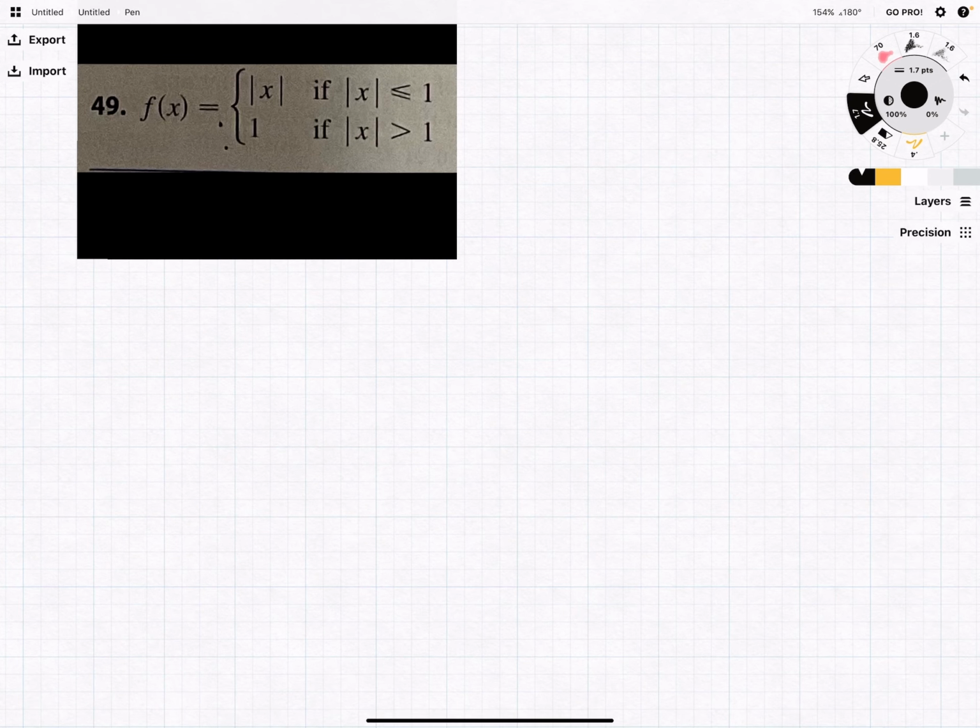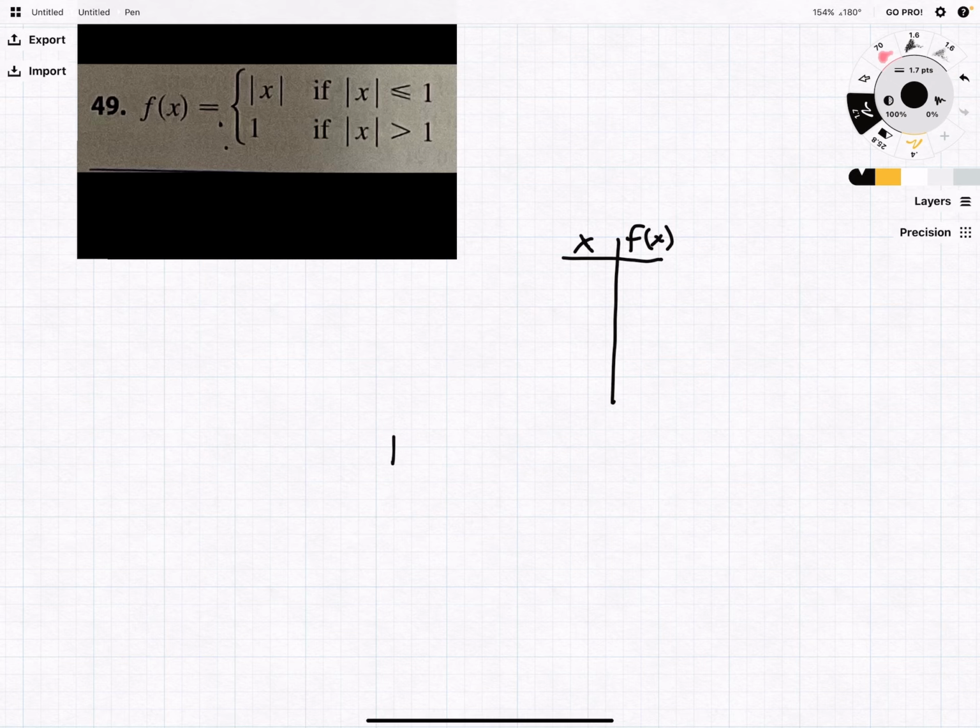If we were to make a table of values, which can be really helpful to simplify things as we think through certain problems, we have x, our input, on one side and f of x on the other side. The rule is absolute value of x if the absolute value of x is less than or equal to 1.